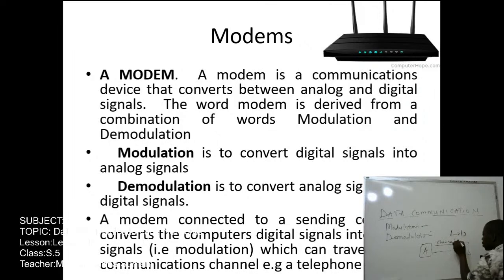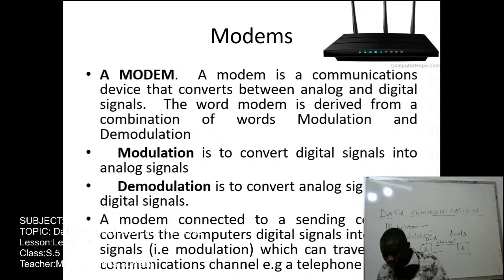As it is converting from analog to digital, it is undergoing demodulation. In the beginning, as it is converting from digital to analog, the process is called modulation. Modulation is the process of converting digital signals to analog signals, and demodulation is the process of converting analog signals back to digital signals.